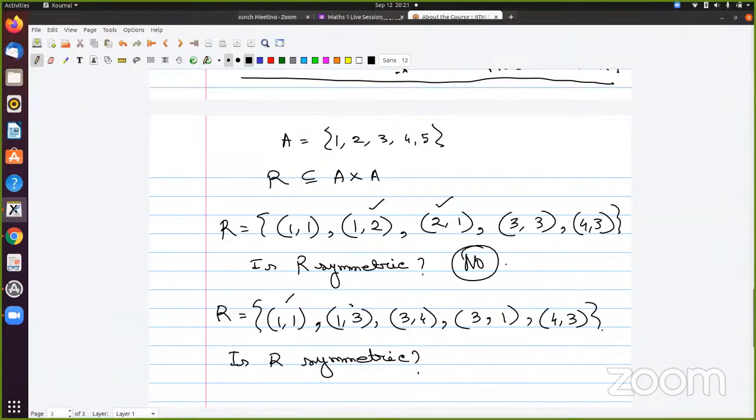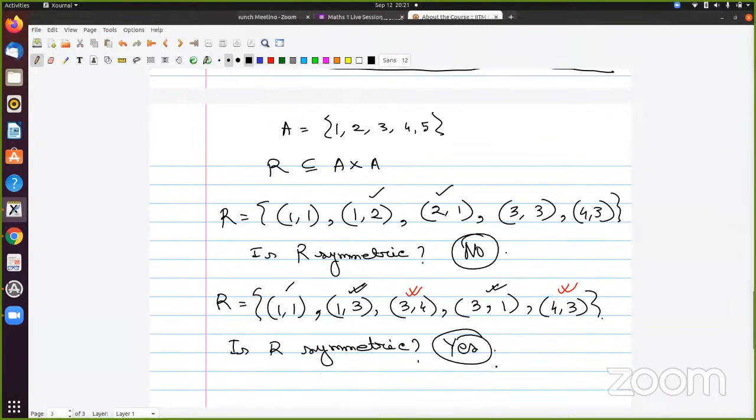For 1 comma 3, 3 comma 1 is also there. These two are the same. For 3 comma 4, 4 comma 3 is also here. So it is symmetric, right? And there are no other elements. So it is symmetric. Is it clear to everyone?